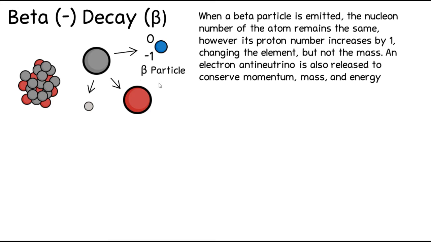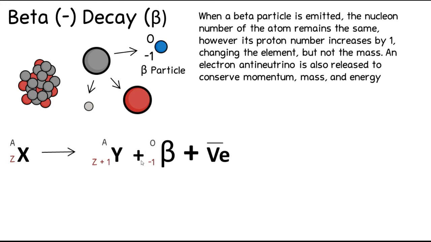So as I said before, as for the previous form of decay, we had a small little equation. So we have another one, slightly more complex here. Your radioactive isotope here will decay into a new element, a beta particle, electron, and an antineutrino, which is drawn using this symbol here, just a VE with a line over it.